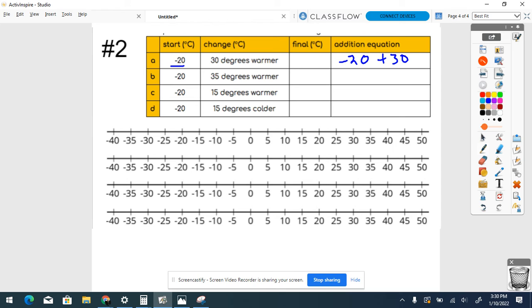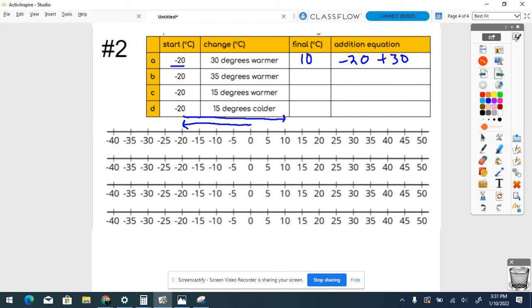So again, my first arrow, in this case, I'm starting at negative 20. So my first arrow needs to point to negative 20. And then I'm going to add 30. And once again, this number line is going by fives. So 5, 10, 15, 20, 25, 30. And my final arrow points to 10. So negative 20 plus 30 is 10.